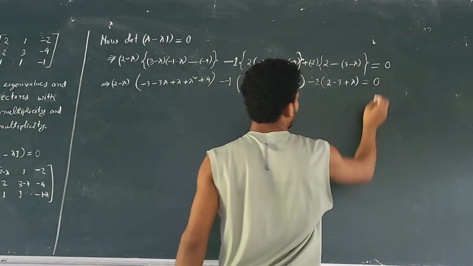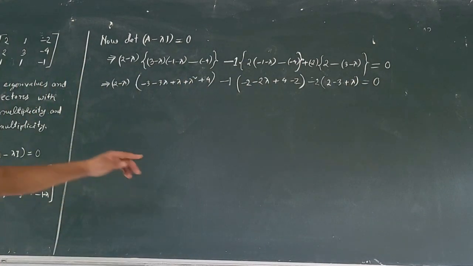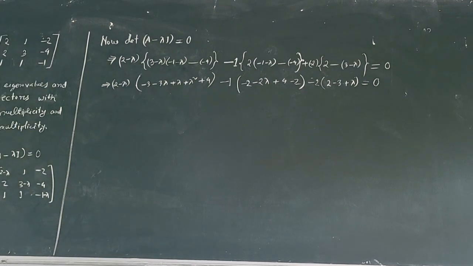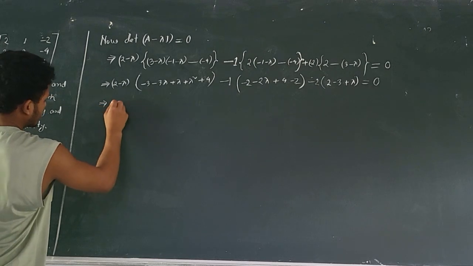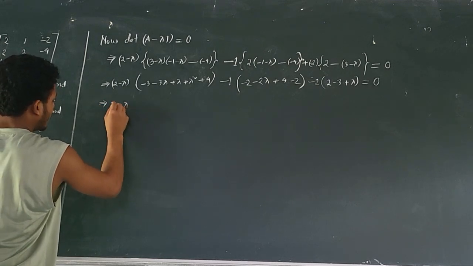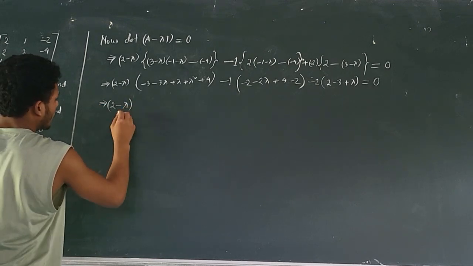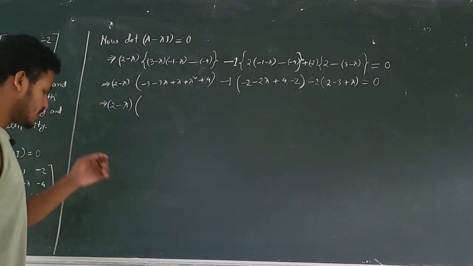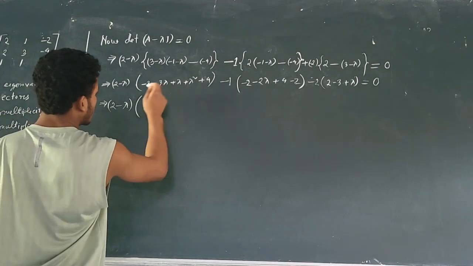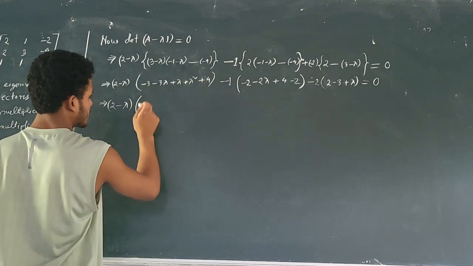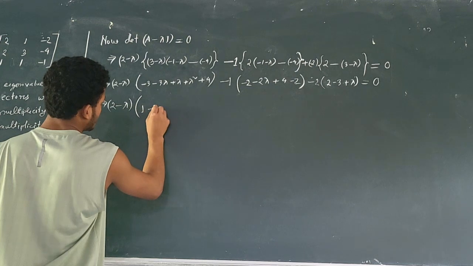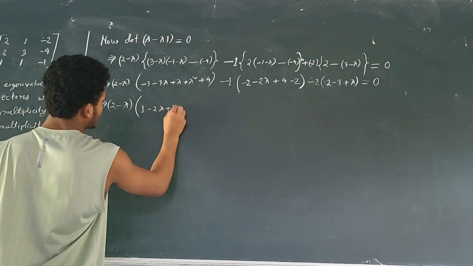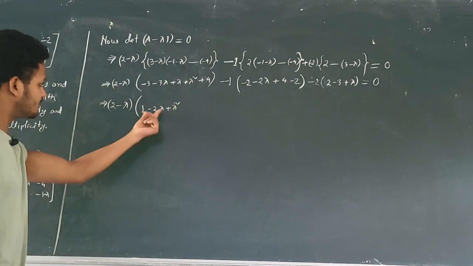Any problem? I hope it is visible. Nicely visible, and this is equal to 2 minus lambda, and this will be 4 minus 3, which is 1, and it will be minus twice lambda plus lambda square.